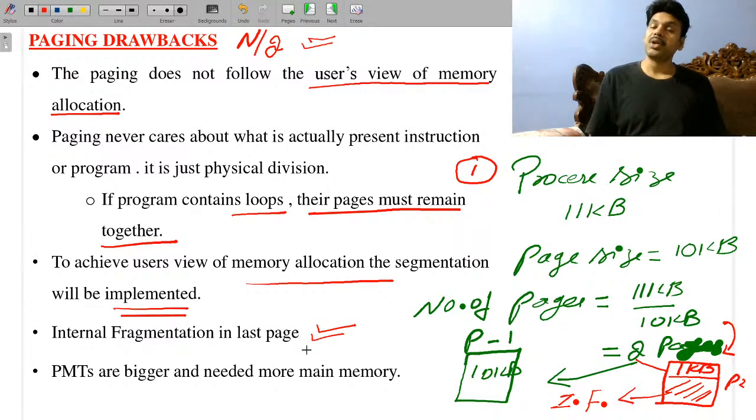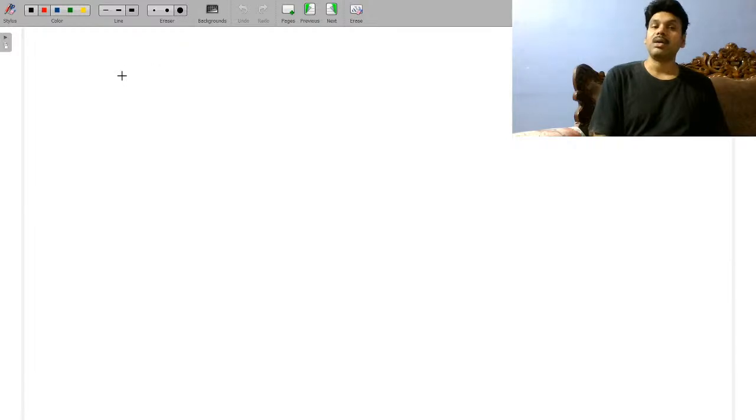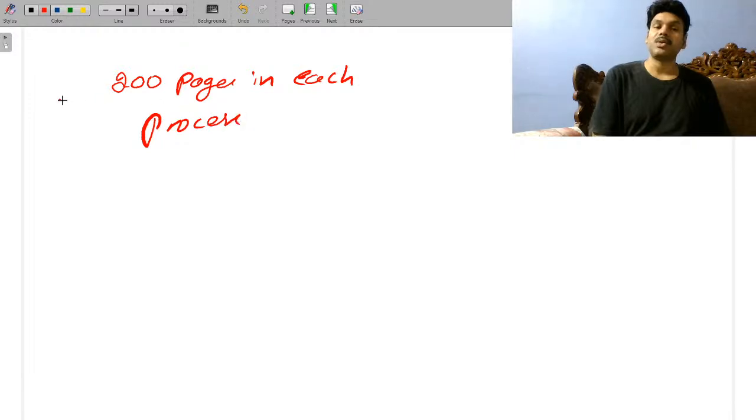The next important point is this: please understand, suppose I have 200 pages in each process. Likewise, there are 100 processes.